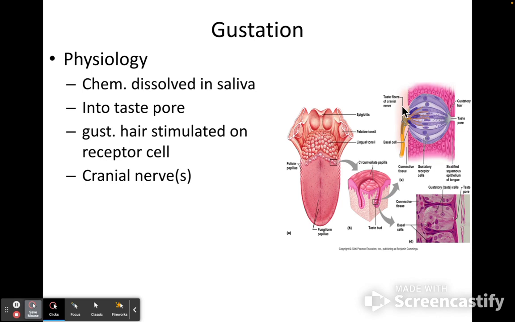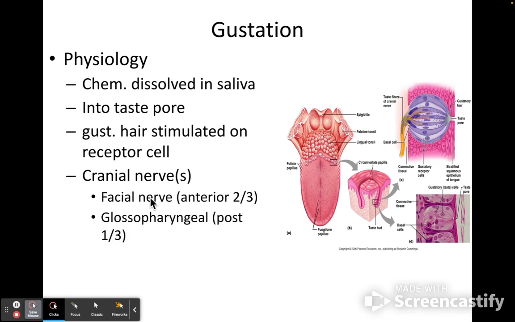And you can see these cells make direct contact, or synapse, with a cranial nerve or a couple of cranial nerves. So what cranial nerves are of interest in gustation? Well, the facial nerve is of interest because it supports the anterior, which remember is the front, two thirds of the tongue. So any of the receptor cells in the taste buds up here are going to synapse with the facial nerve and carry that information up to your brain.